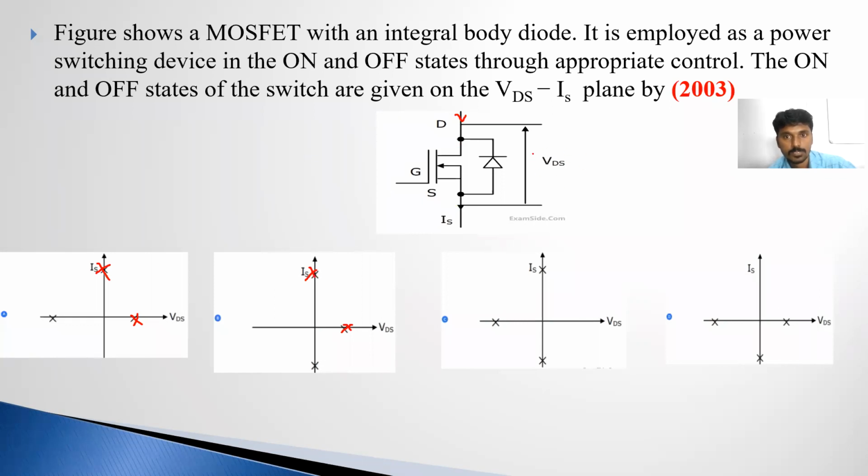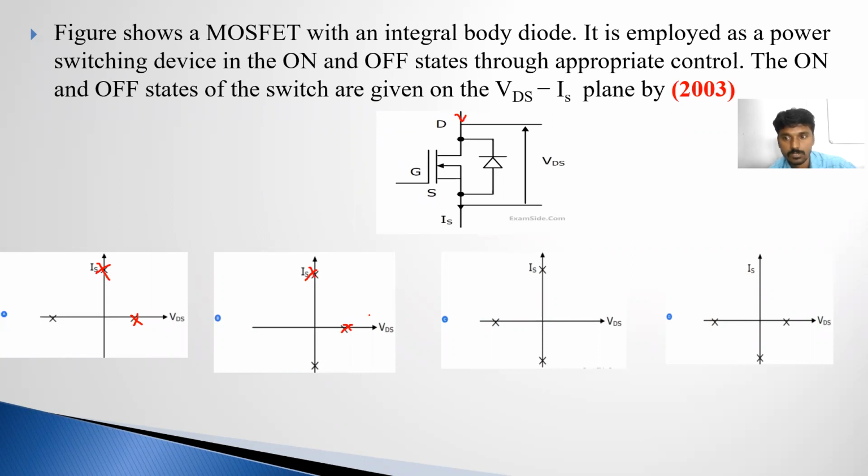The voltage is still present. So current is zero, voltage is present. Which one is the right answer? Current is zero, voltage is positive.